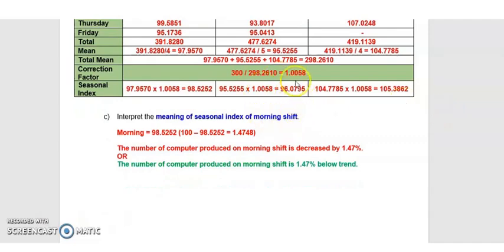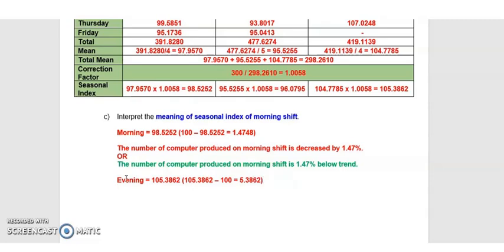Okay, similarly for the afternoon shift, less than 100%. So if less than 100%, it means decrease by how many percent. Okay, now look at the evening shift, which is more than 100%. So for the evening shift, the seasonal index is 105.3862. So this minus 100, 105.3862 minus 100, we get 5.3862.